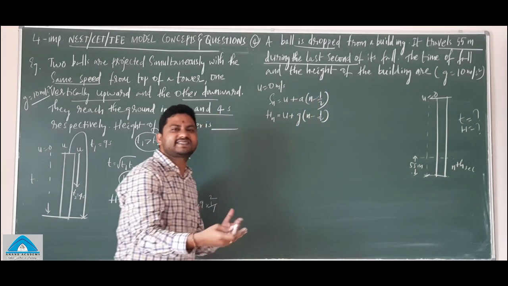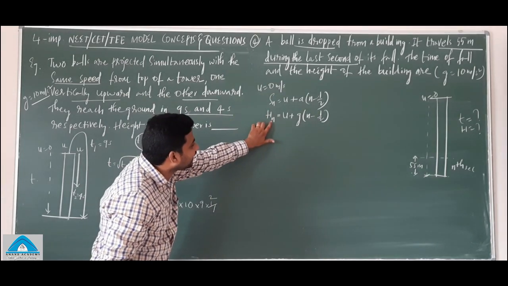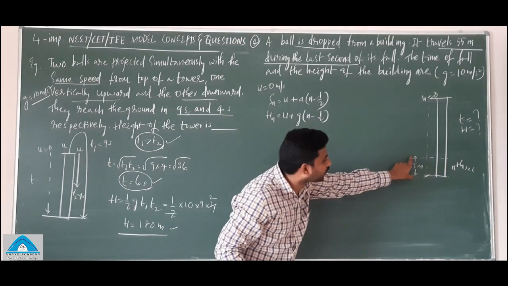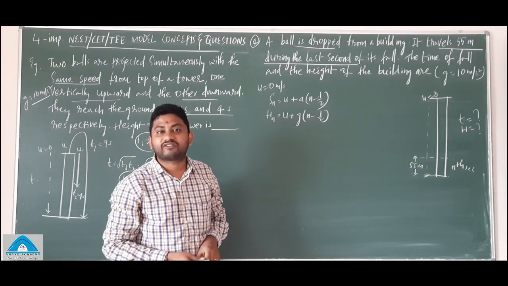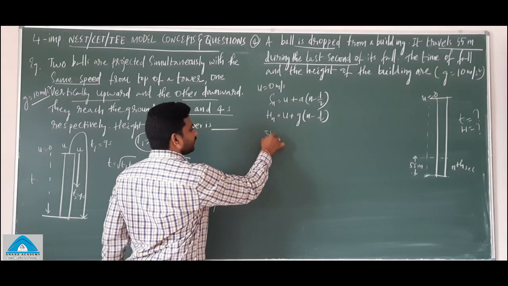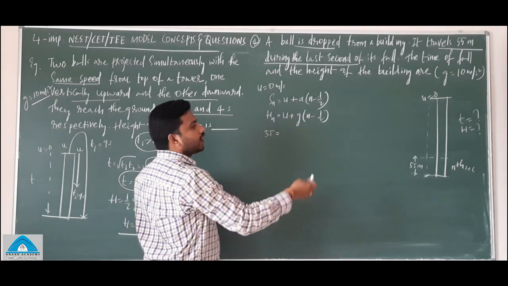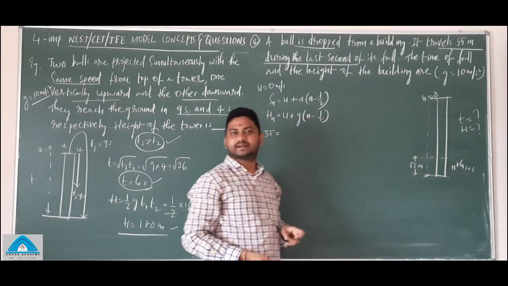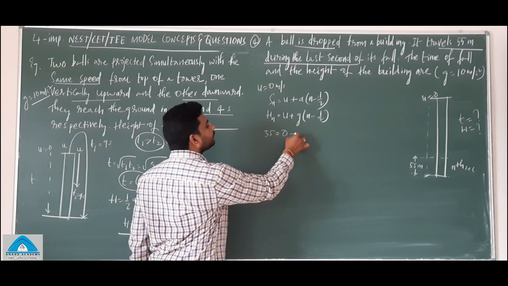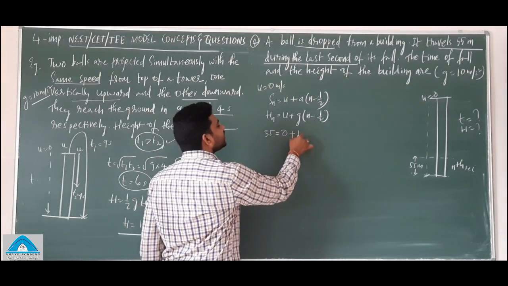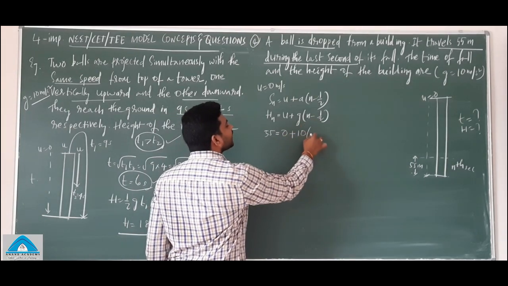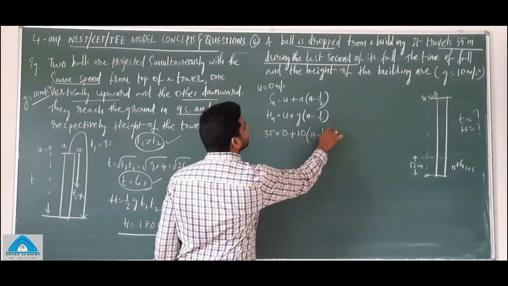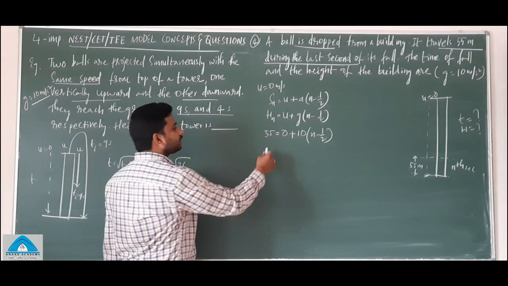Let us apply this. h_n, the distance traveled by the body in the nth second, is how much? 55 meters, which is equal to u. I am talking about the complete journey, and this is the last second, right? So this is 0 plus g. g is 10 into n minus half. What is that?